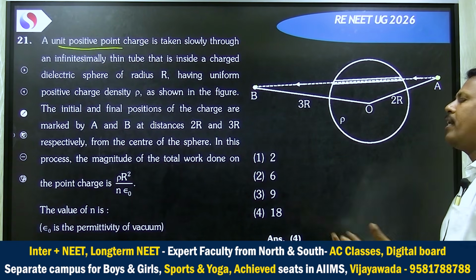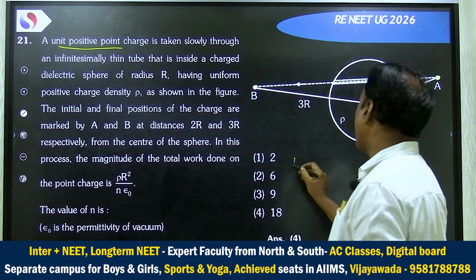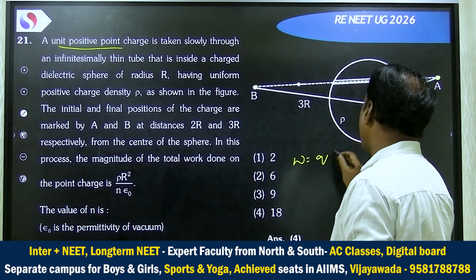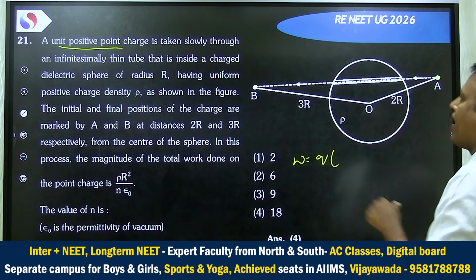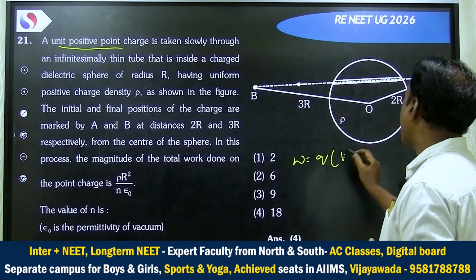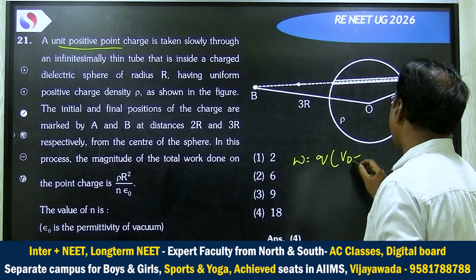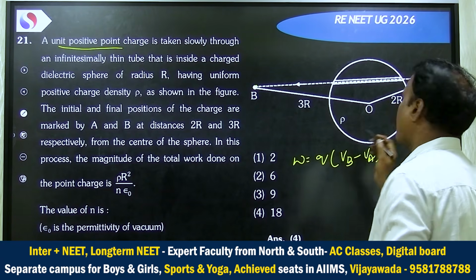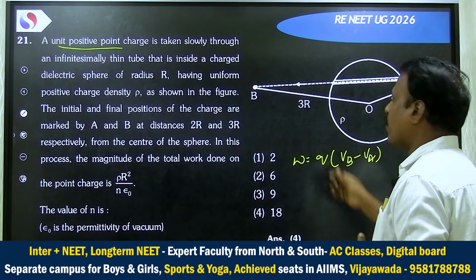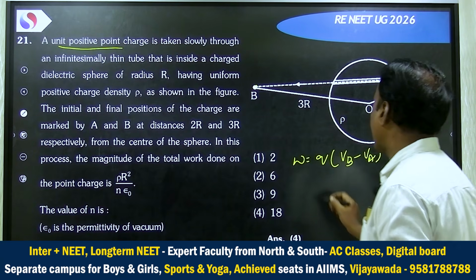So in any electric field, whatever the work done, that is W equal to Q times the potential difference. That means potential at final point minus potential at initial point. Because the charge given is 1 unit, don't worry about it.